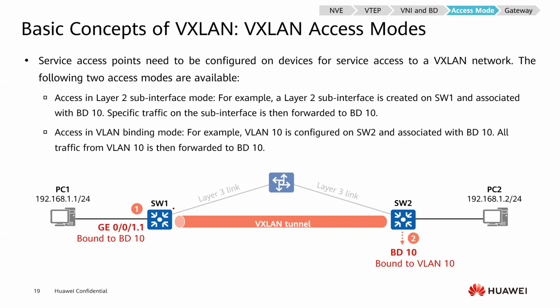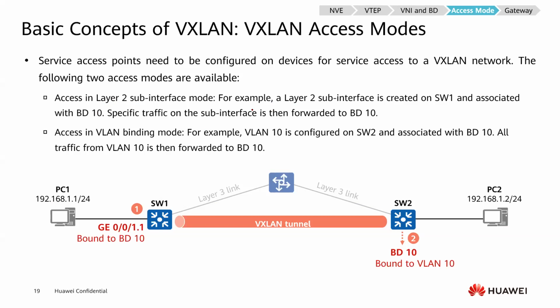We can use two ways. The first way is to use the layer 2 sub interface. For example, a layer 2 sub interface is created on the switch and associated with a BD, and the specific traffic on the sub interface will then be forwarded to the BD. Another mode is the VLAN binding mode.